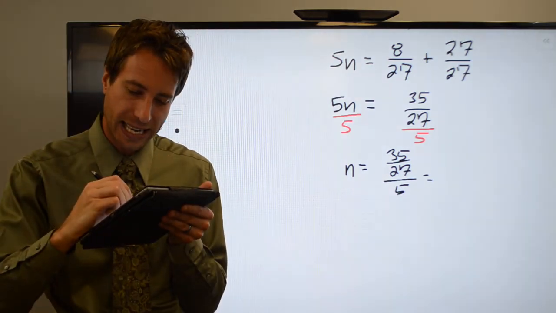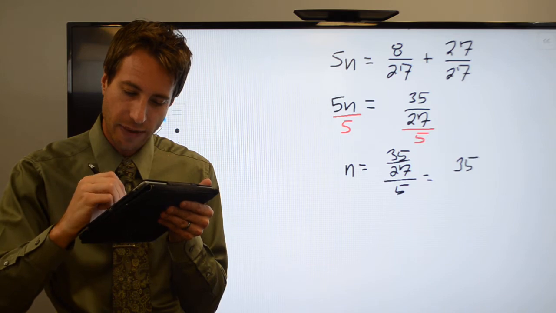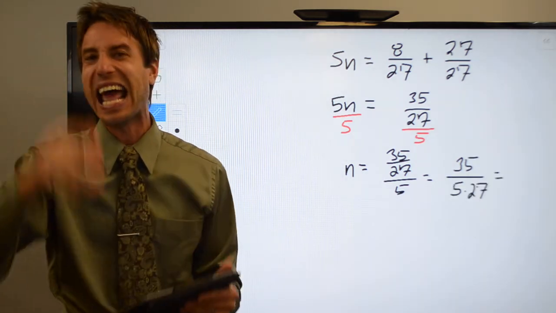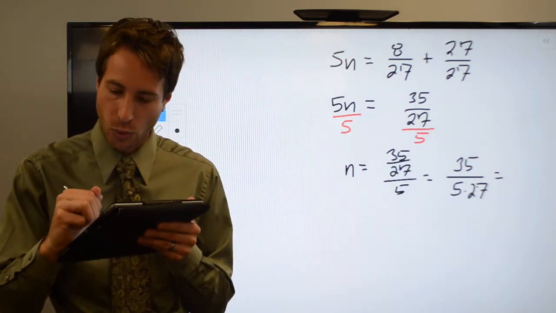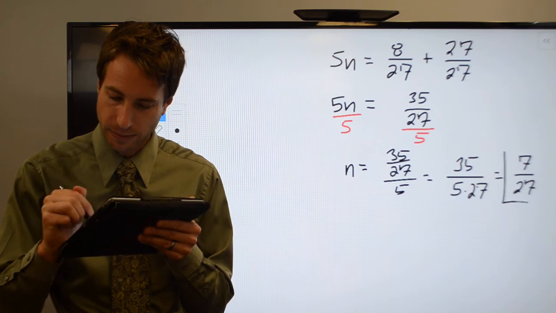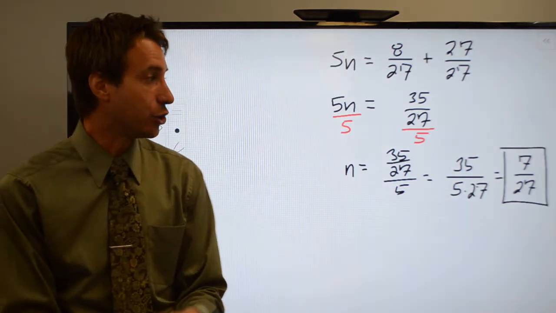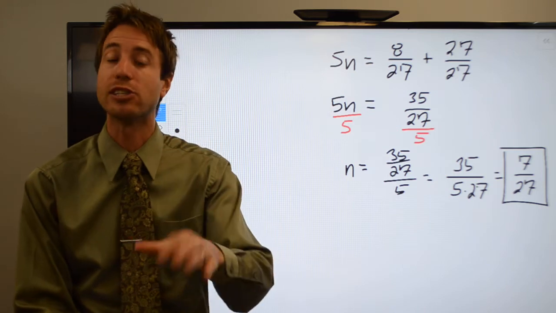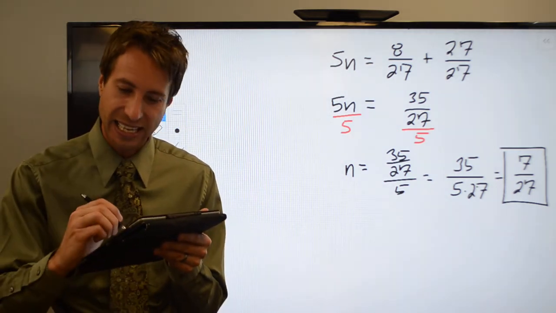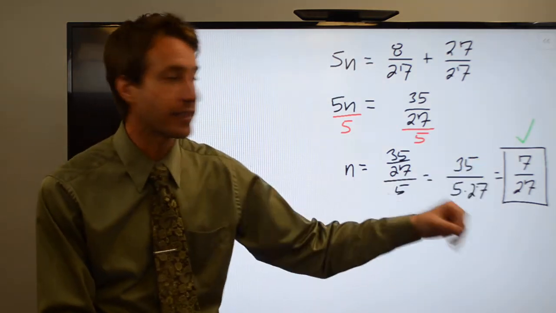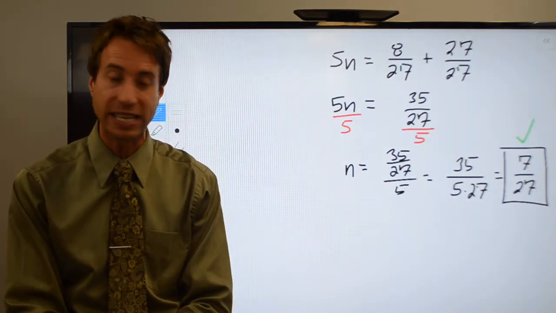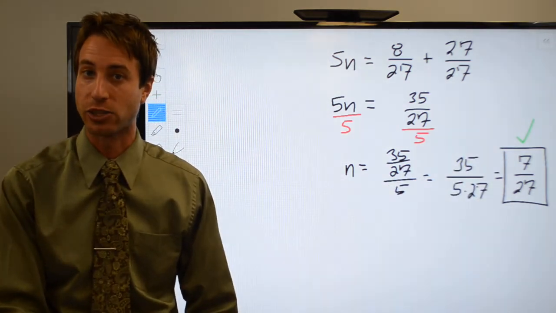Or you could just recognize that the 5 drops into the bottom, and you'd have 5 times 27. In any case, the whole thing is going to wind up reducing to 7/27. Now, what I need to do is double check my answer. So please go ahead, take a second, double check it. What you'll find is that yes, it does check out when you plug 7/27 into the original problem. Both sides of the equation will be equal to each other, and that is actually a solution.